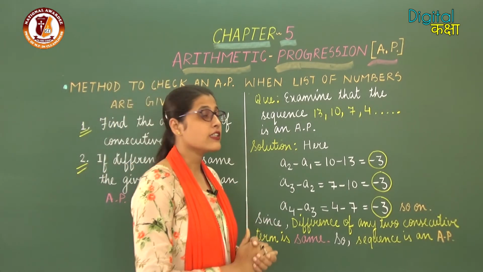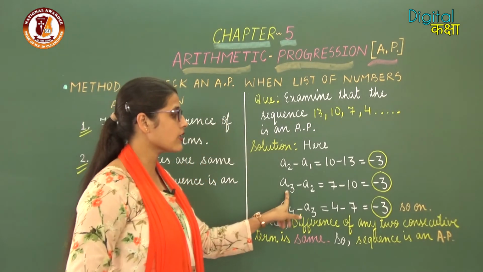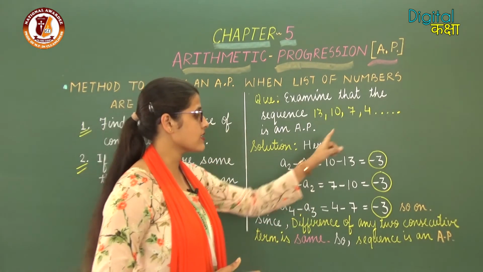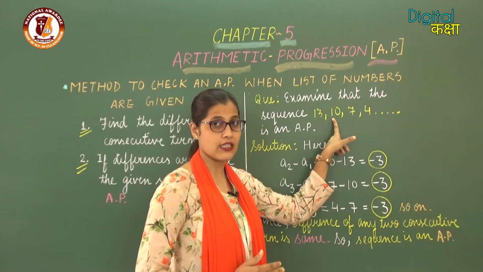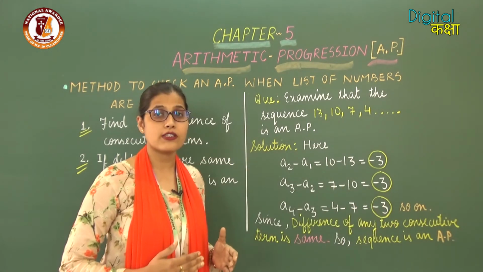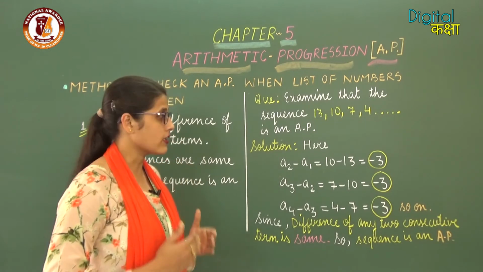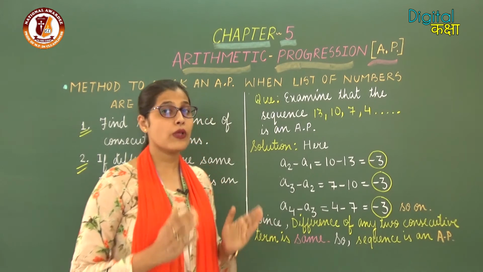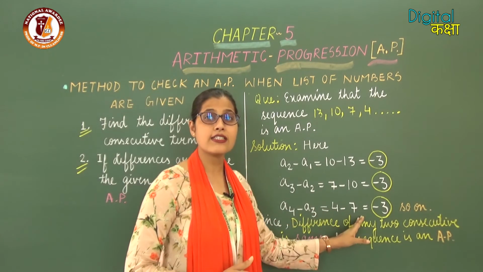Similarly, we will find the difference of the third term and the second term. So, we will be getting the value as 7 minus 10, which is equal to minus 3. Proceeding further, we will be finding the difference of the fourth and the third term. So, we will be getting 4 minus 7.